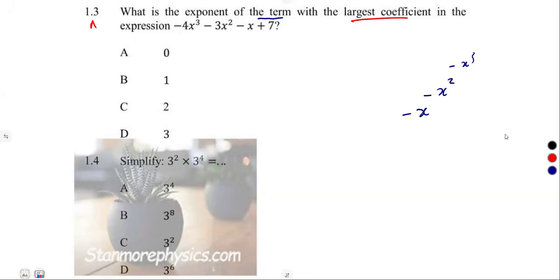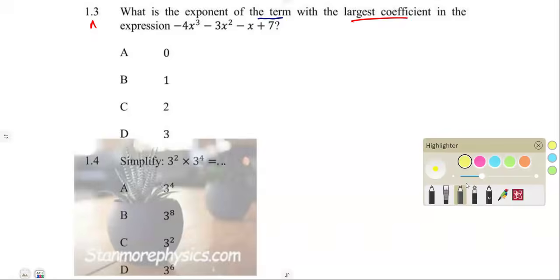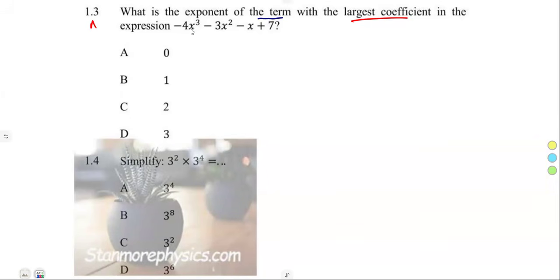We must have a variable affecting it. In our case, the variables are on minus 4x cubed, minus 3x squared, and on this x.